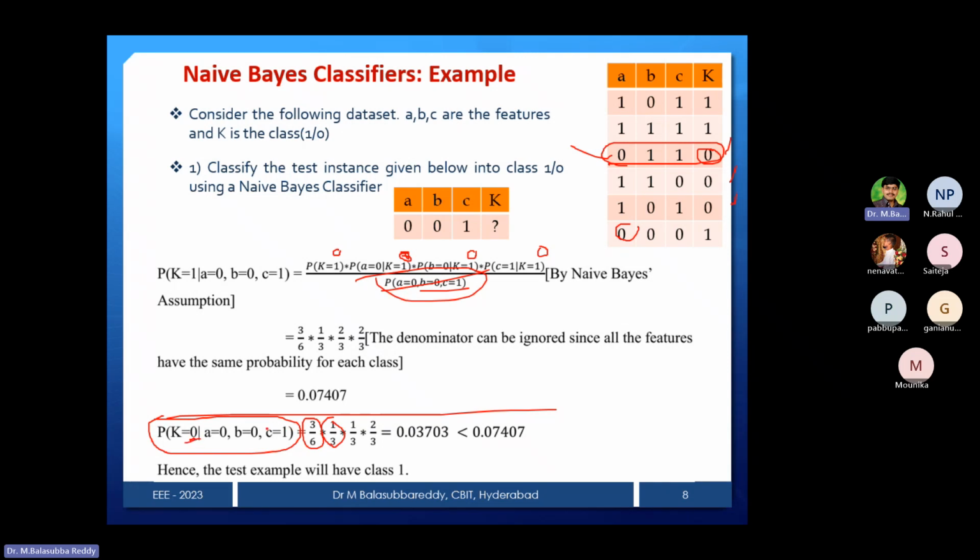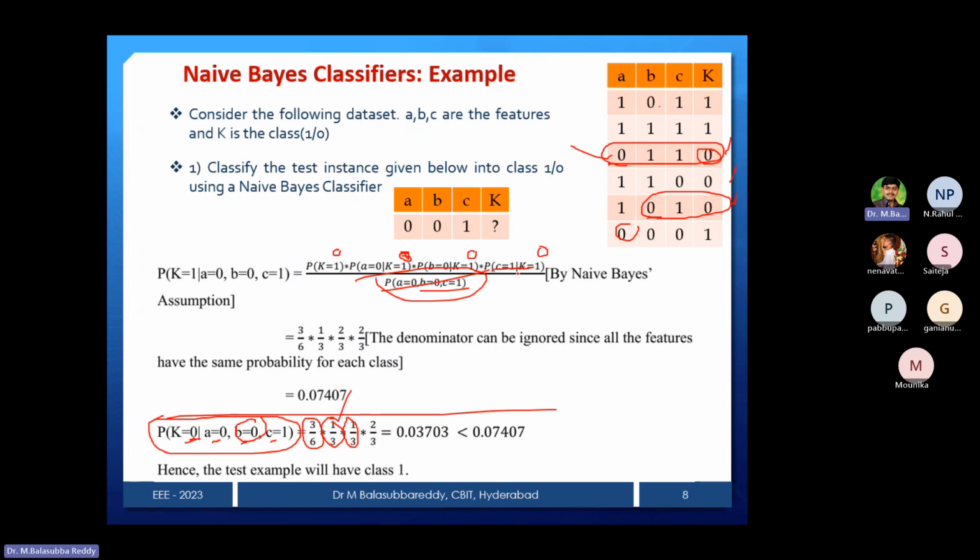Among 3 cases, we have to identify B is 0, A is 0 and C is 1. So A is 0 with K is 0 is 1 by 3. And B is 0 with K is equal to 0, this is one instant, that's it. So therefore it is 1 by 3. And another one, C is equal to 1 with K is equal to 0. We need K as 0, so how many of this combination?